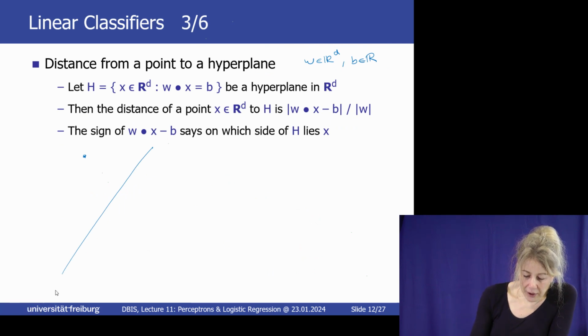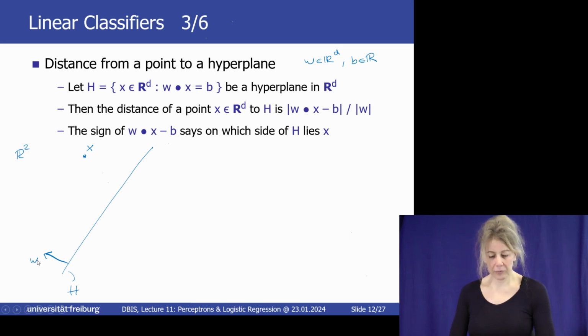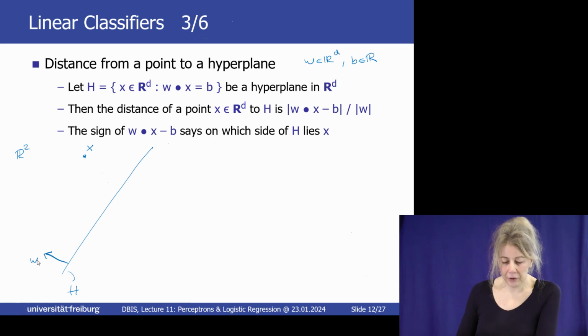So this is my x, and this is my hyperplane here, in 2 dimensions. This W is a normal vector. It's perpendicular to the plane.